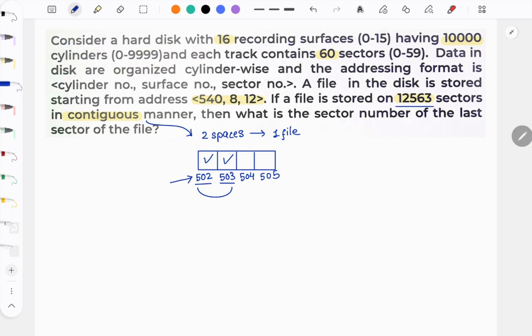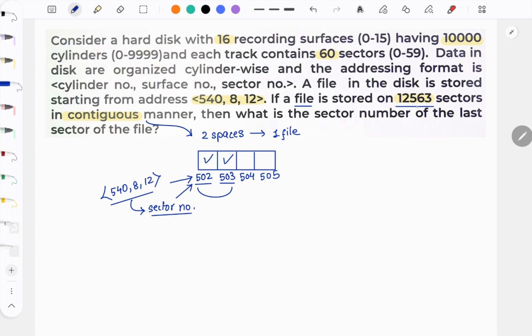So instead of 502, we will use the sector number which we will decode from this address. This is the address format which we are given. From here we will take out all the data given in the question, and along with that we'll get the sector number. This sector number is the starting sector number from where we'll start to store this file.